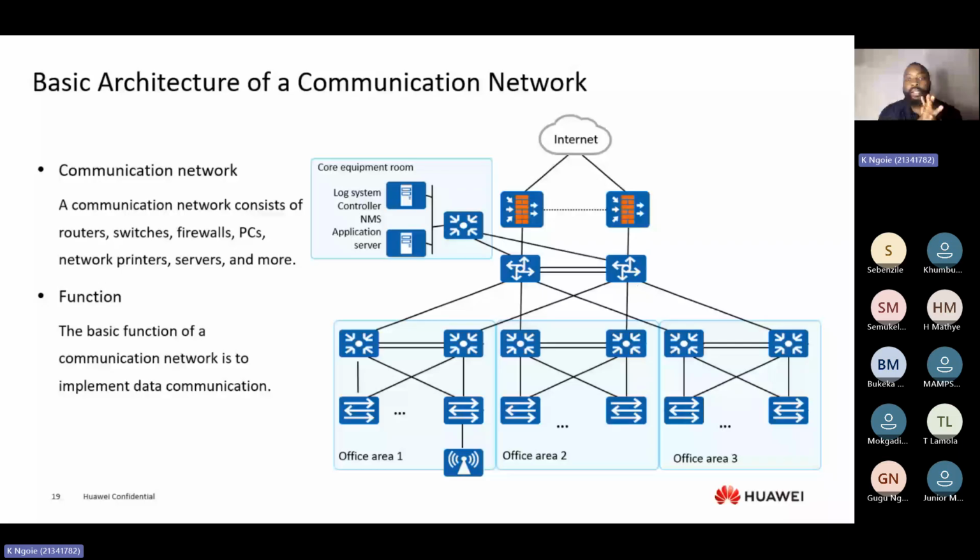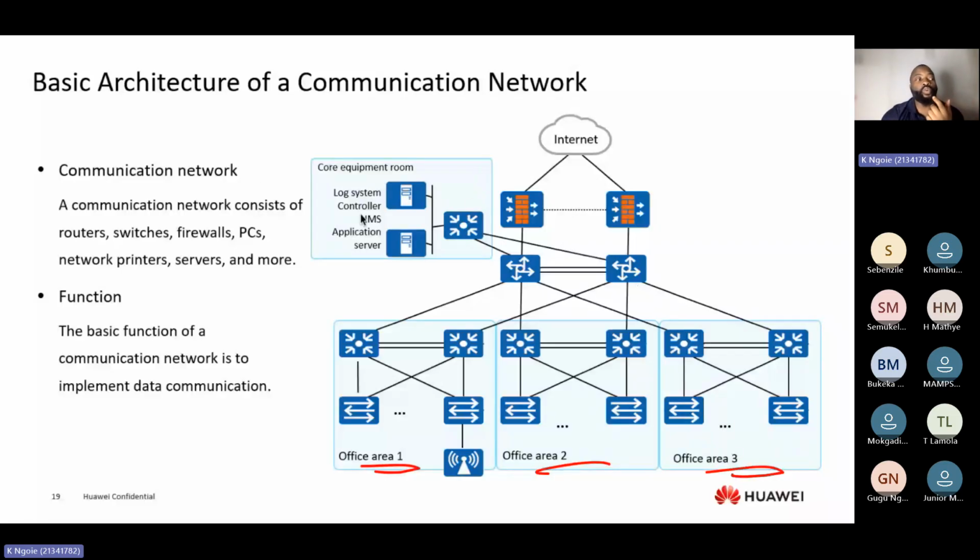So let's say we have Office Area 1, Office Area 2, Office Area 3. Maybe they are all connected to the same internet, so there is communication happening in the company internally and externally.